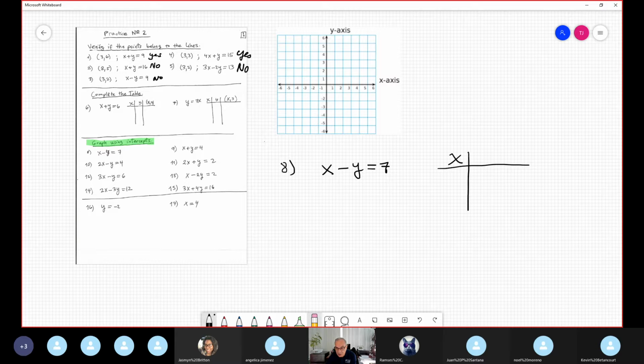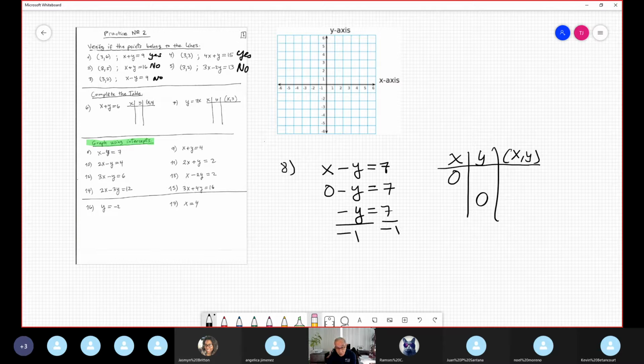So now, the traditional way to do that is to create a table and you put 0 in x and 0 in y. Now 0 in x is 0 minus y equals 7. Minus y equals 7. Therefore, divide by -1 both sides, because my goal is to solve for positive y, not negative y, and -7. The point is (0, -7).